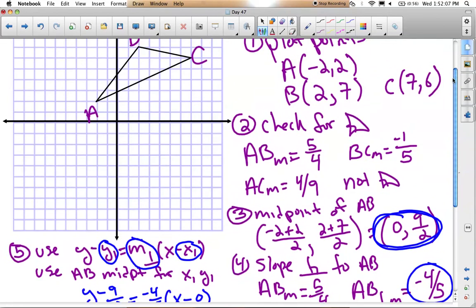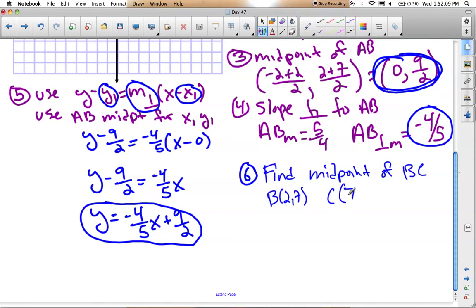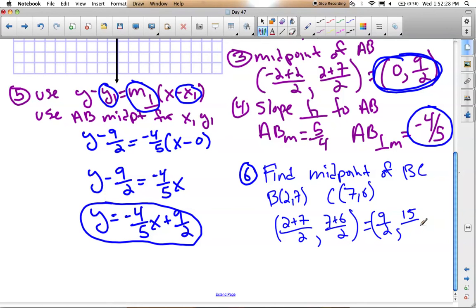C is 7, 6. So my midpoint is 2 plus 7 over 2, 7 plus 6 over 2, which equals 9 over 2. And then we have 15 over 2. Actually, not 15 over 2. Nope. 13 over 2.